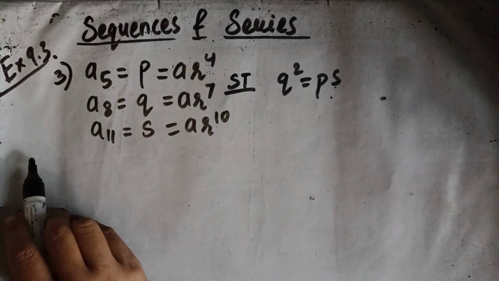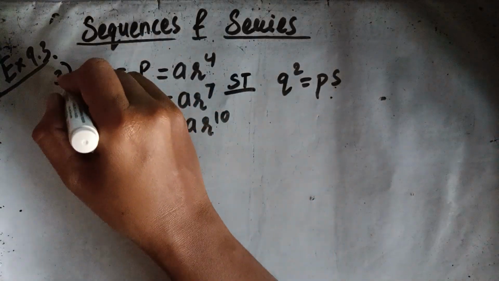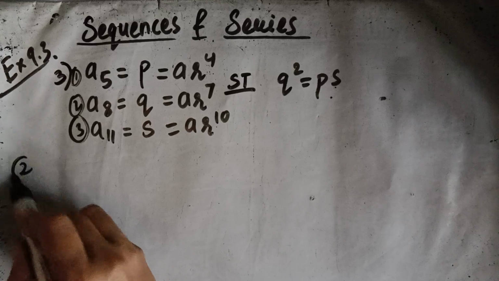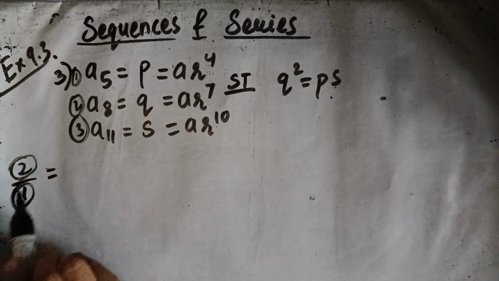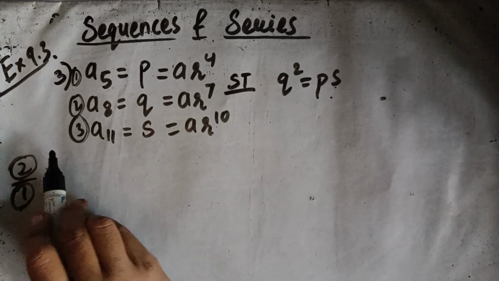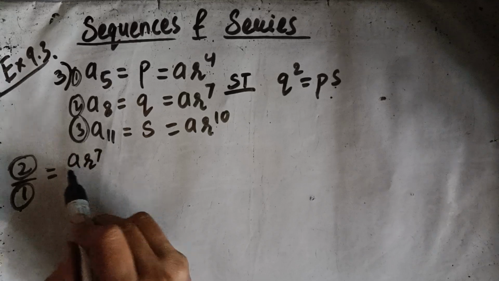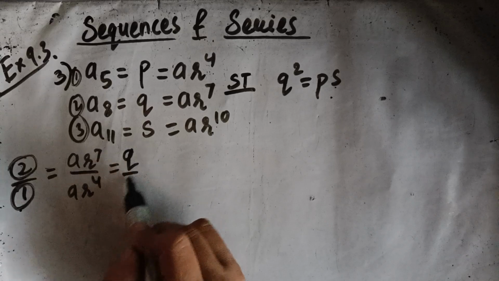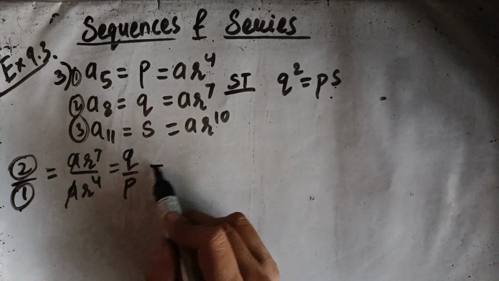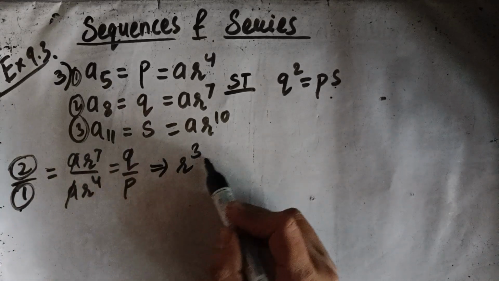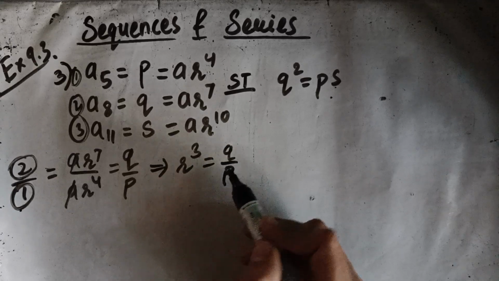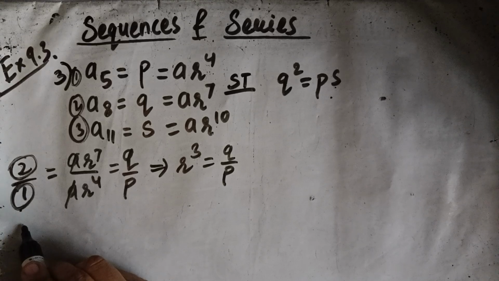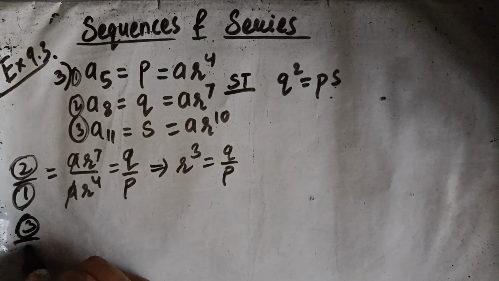Okay, so I'll divide. This is 1, 2, 3. So dividing 2 by 1, we get q upon p. So r raised to 3 is equal to q upon p. Then 3 by 2.